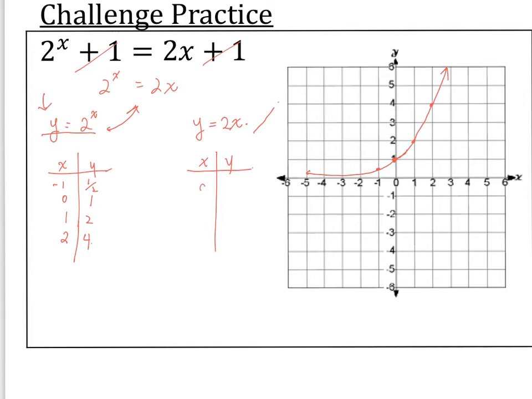So when x is 0, y is 0. When x is 1, y is 2. When x is 2, y is 4. Now, look. We found 2 points. Now I'm ready to graph the line here. So 0, 0, 1, 2, 2, 4.